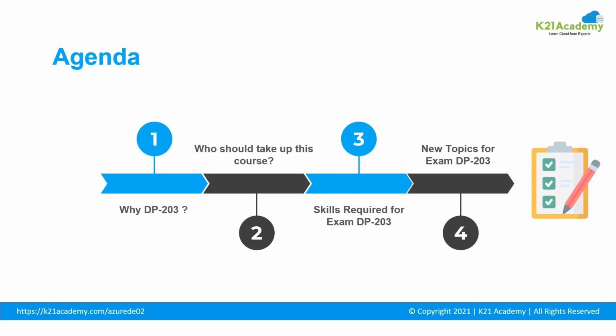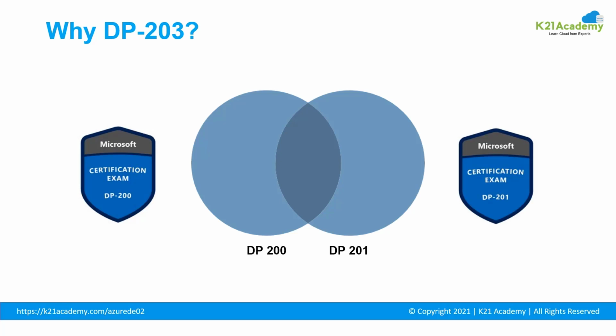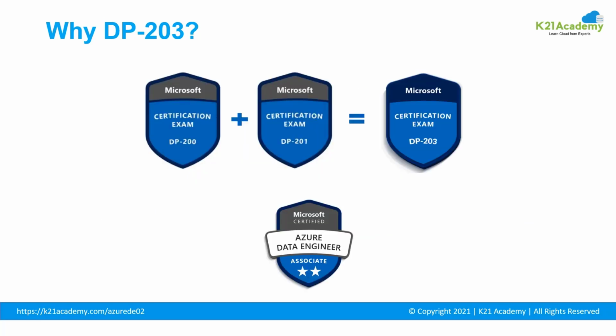Now let's get started and see why DP-203 was introduced. As of now, there is a lot of overlap between DP-200 and DP-201, almost 70 to 80% overlap, and there is no point in giving two exams on the same learning objectives, right? So Microsoft initially released DP-200 and DP-201 certification exams.